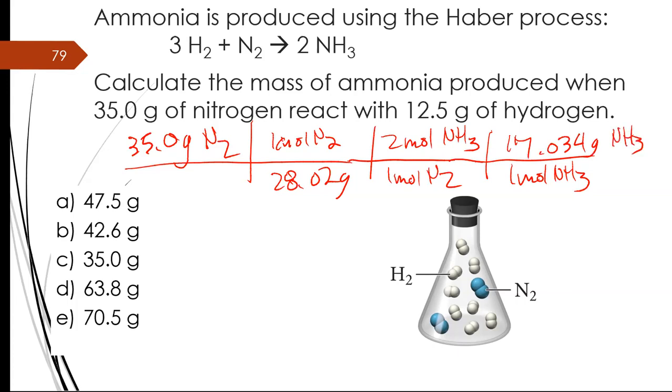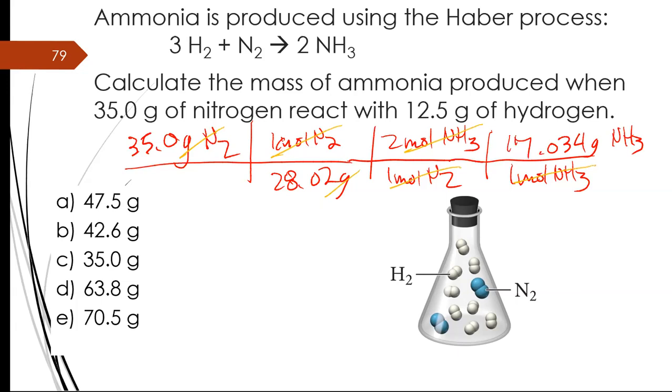And so we can do all of that together. Now, the reason why I like this type of layout is that I can easily see if my numbers cancel out. So my grams of nitrogen cancel out with these grams, my moles of nitrogen cancel out with these moles, and my moles of NH3 cancel out with this. And so we're left with just grams of NH3, which is what we're looking for.